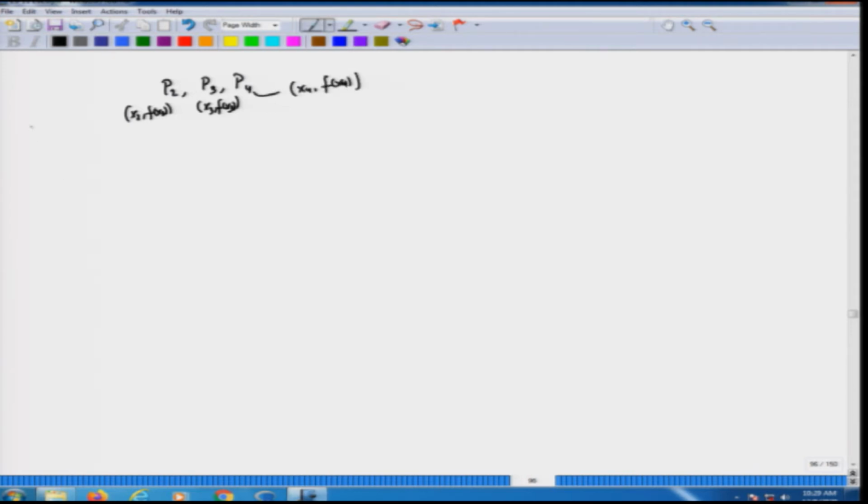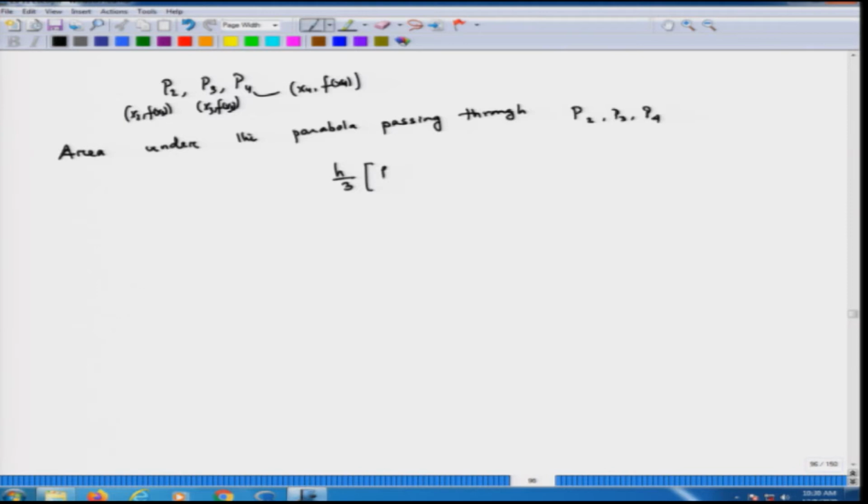Now, the area under this parabola passing through P2, P3 and P4 is equal to h by 3, where h is the distance between x2, x3 and x3, x4, times f of x2 plus 4 f of x3 plus f of x4, correct.